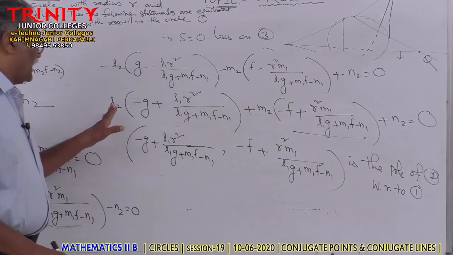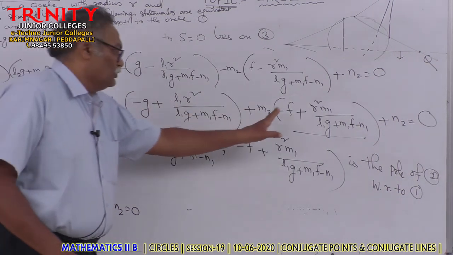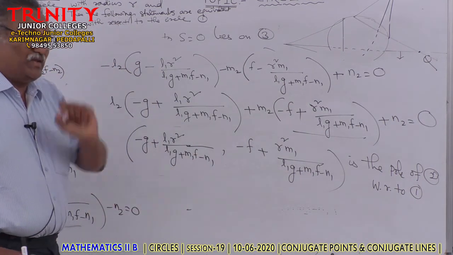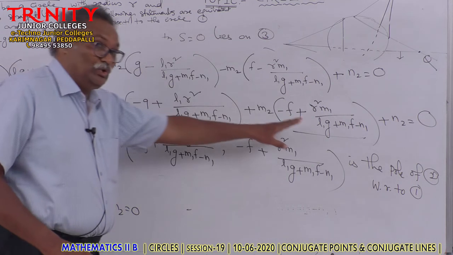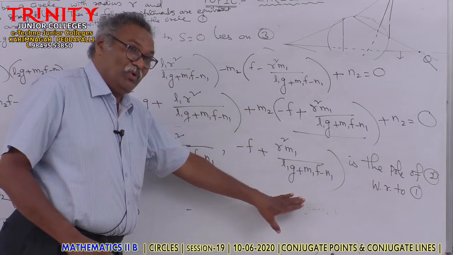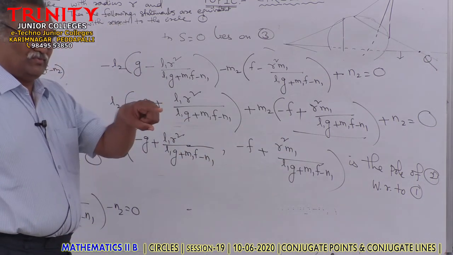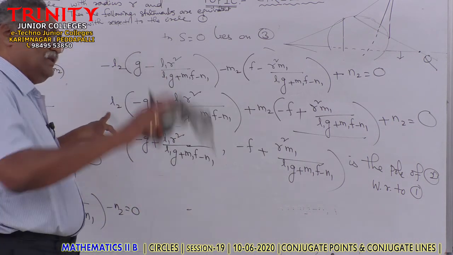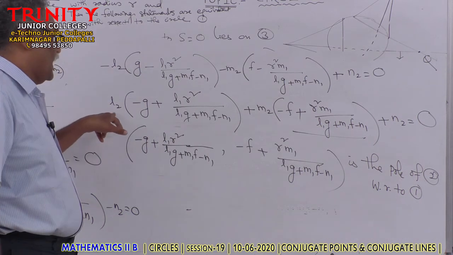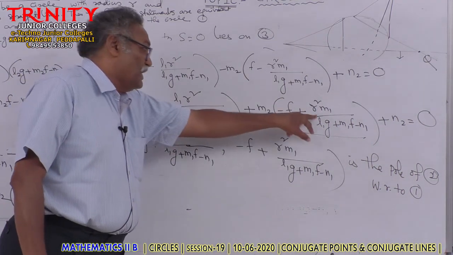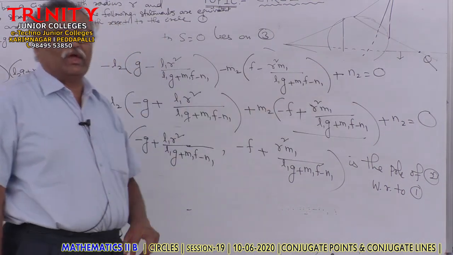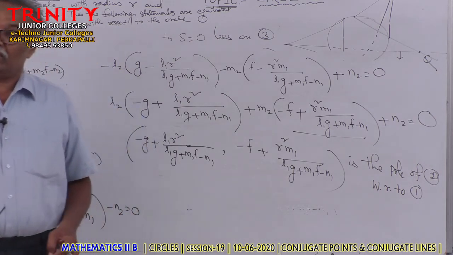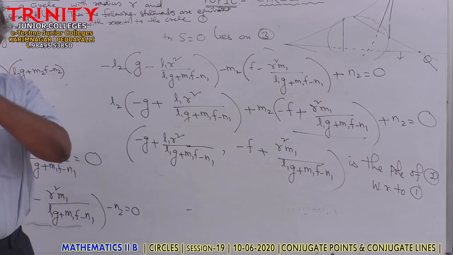Observe here, L2 this one plus M2 this one plus N2 is equal to 0. It means the pole of 2 with respect to the circle lies on 3, that is L2x plus M2y plus N2 is equal to 0. It means the pole of one line lies on another line.